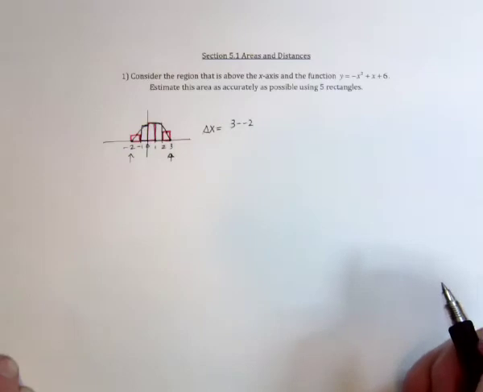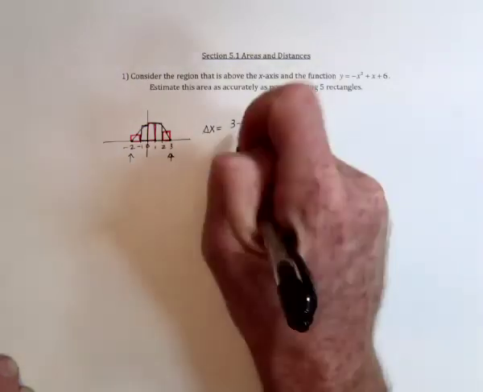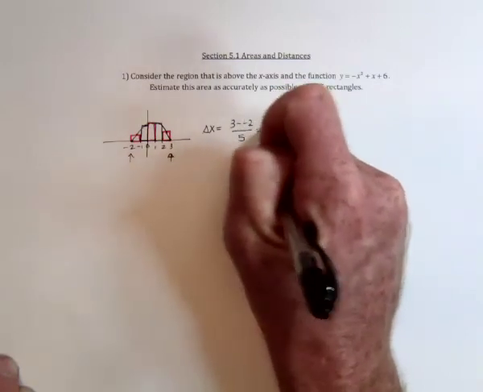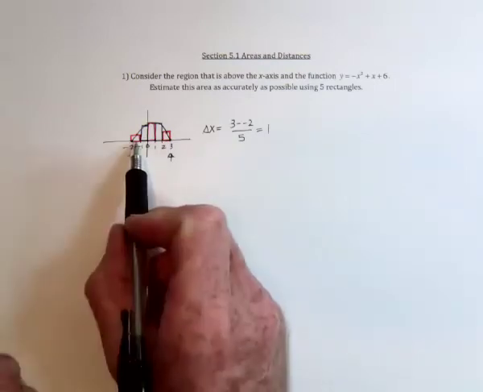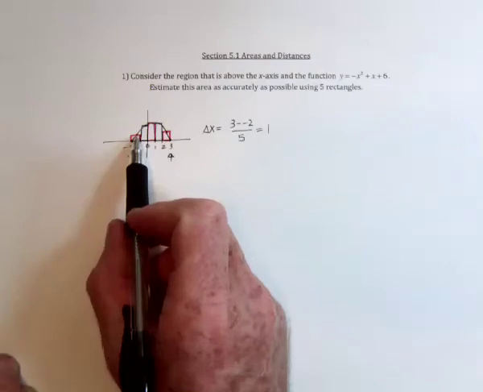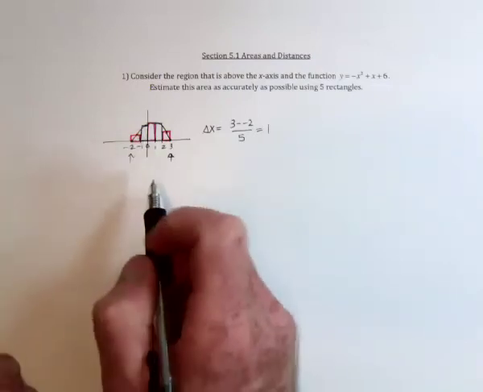So that finds the length of 5. And then divide that into, here, 5 different pieces. So the width of each rectangle is 1. And then to find the height, we need to substitute -1.5 into the function, and then -0.5 into the function, etc.